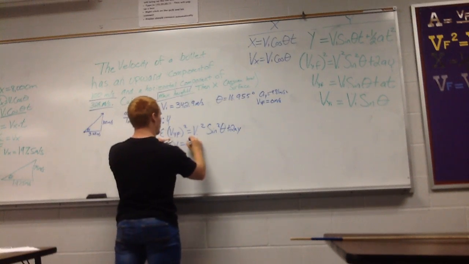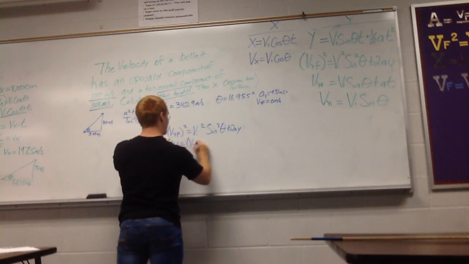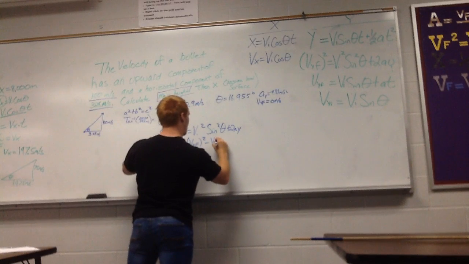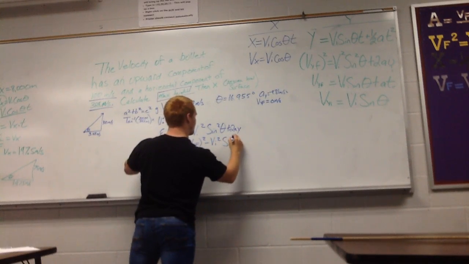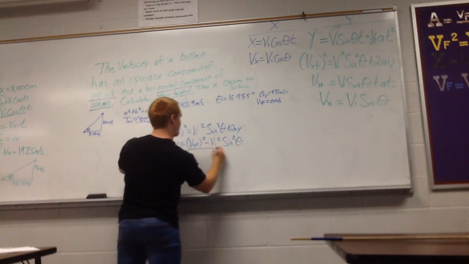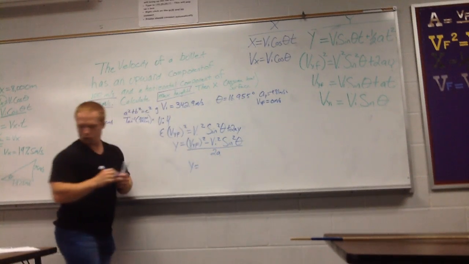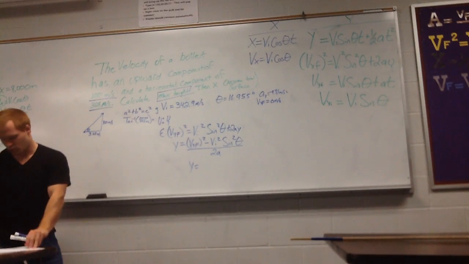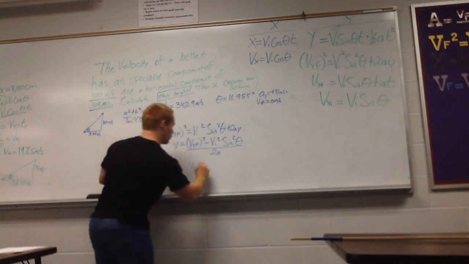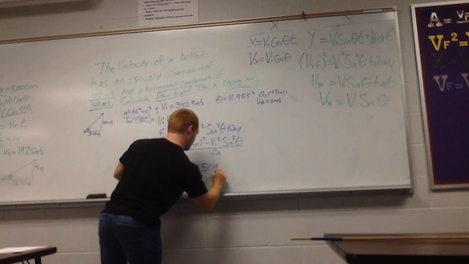So you'll have y equals VYF squared minus VI squared sine squared divided by 2a. Our y value, when you plug in those numbers, should be 509 meters.